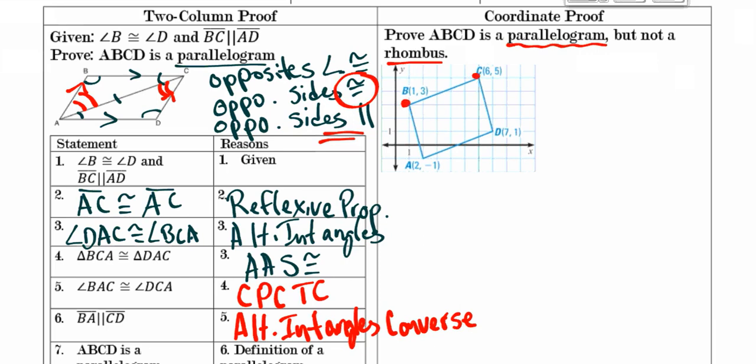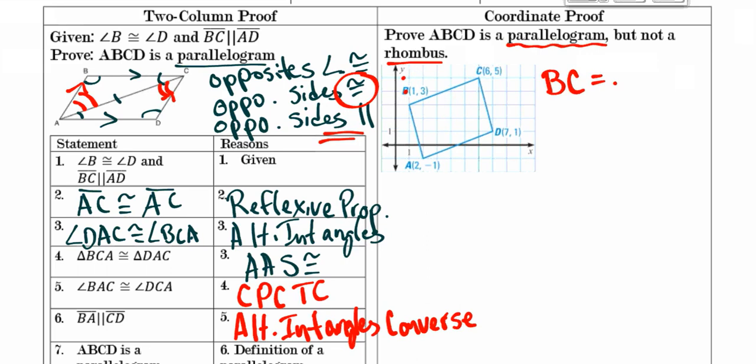This to there. I know I can just count directly up and over to form a right triangle. If that's too much, you can use Pythagorean theorem like I'm showing, or you can just use the distance formula. Either way, you should end up getting the same answer. So B to C, that distance, I'm counting 1, 2 up.